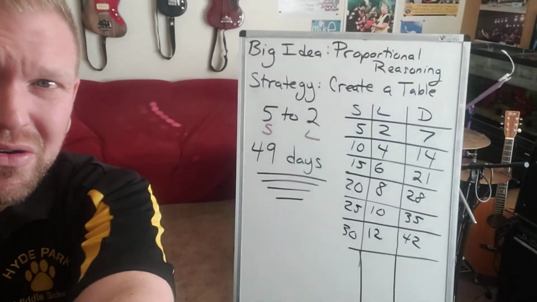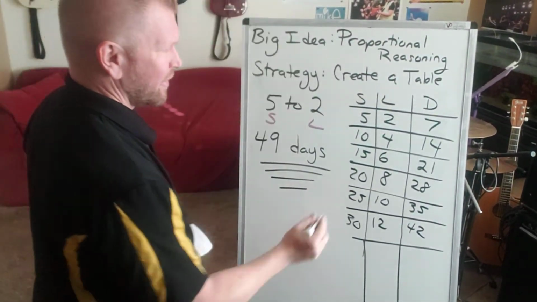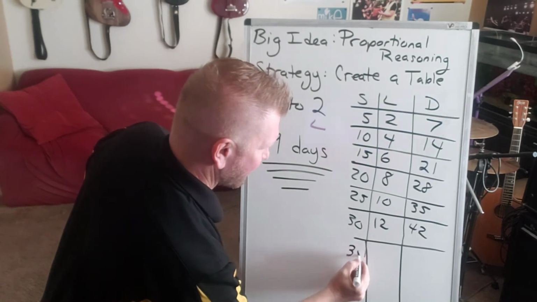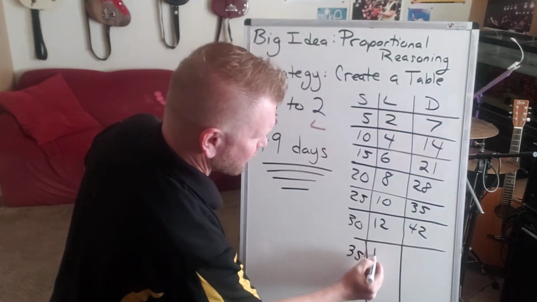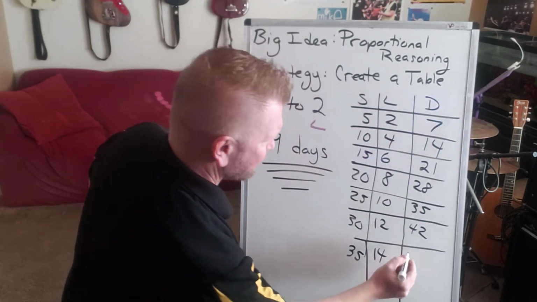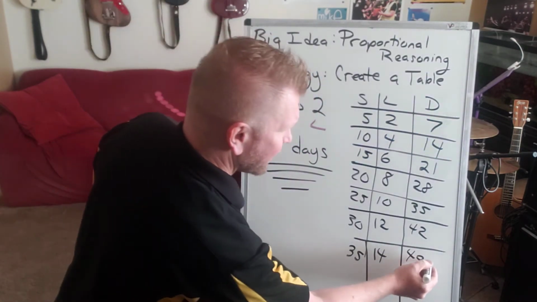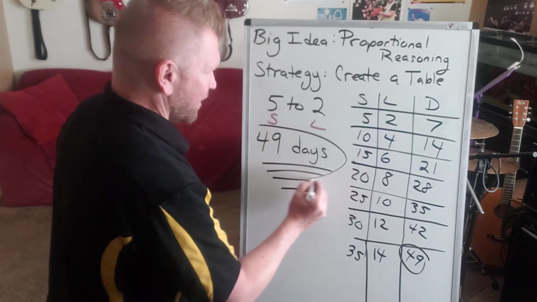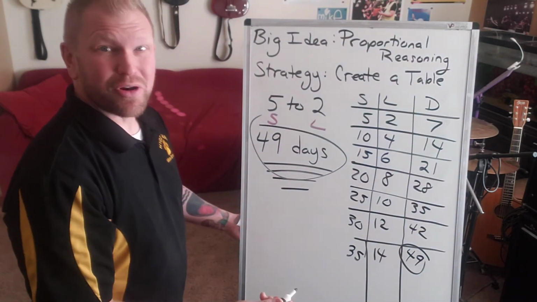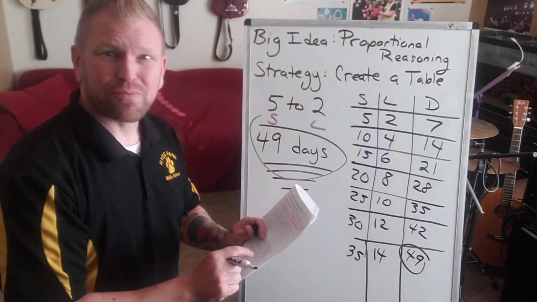And if we go a little bit lower, this could go down to 35. This will go to 14. Add those up, that's 49 days. And that's what we're trying to figure out, is 49 days. Okay, but what do they want to know about 49 days? So again, you have to go back to the problem and read it.